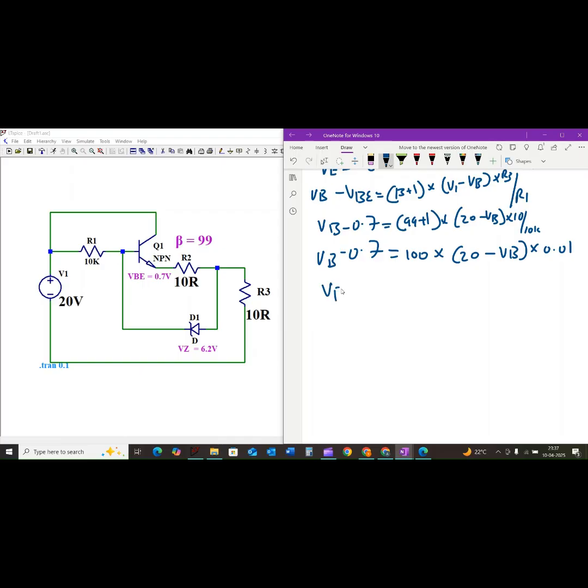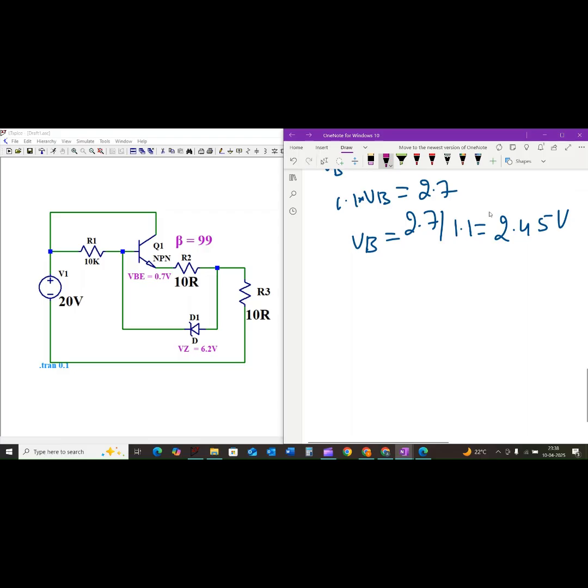So VB minus 0.7 is equal to 0.1 into 20 minus VB, and when we simplify this we will get 1.1 VB is equal to 2.7, so that VB is equal to 2.7 divided by 1.1, which is equal to 2.45 volt. So the actual voltage at base is closer to 2.45 volt.